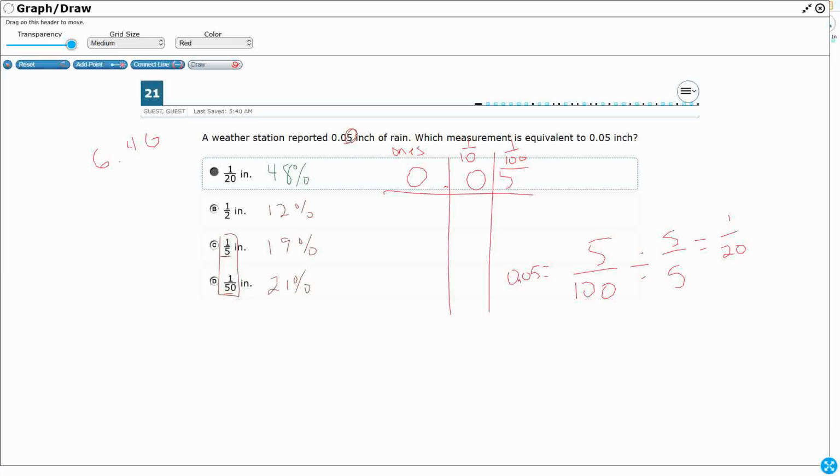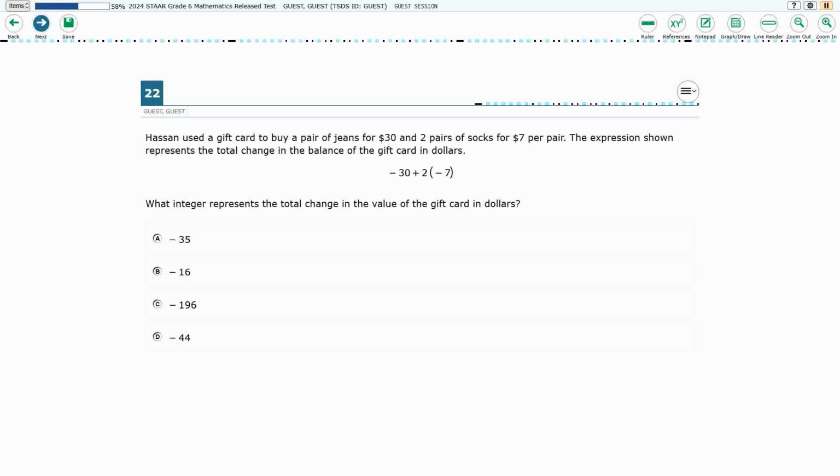So this is pretty straightforward, but this is a skill that students need to be able to master in 6th grade, being able to convert between fractions and decimals and percents. And this is our 15th hardest, or tied for our 15th hardest. So one that we think is kind of low-hanging fruit and students should be able to get if they just had some extra practice.